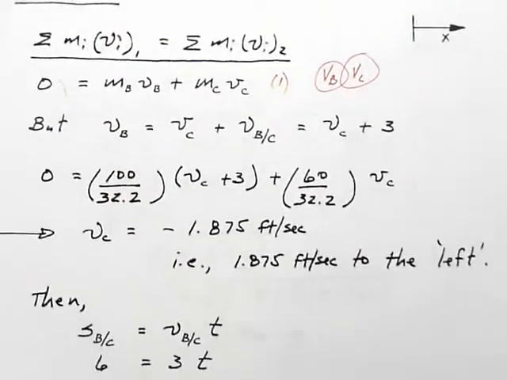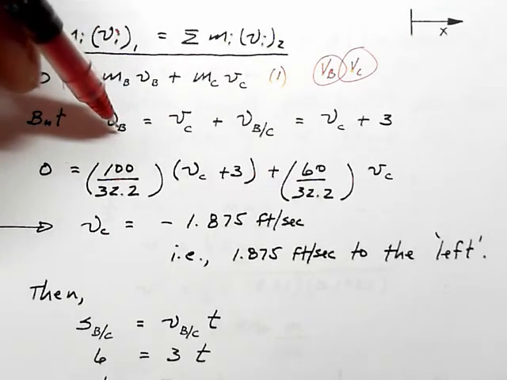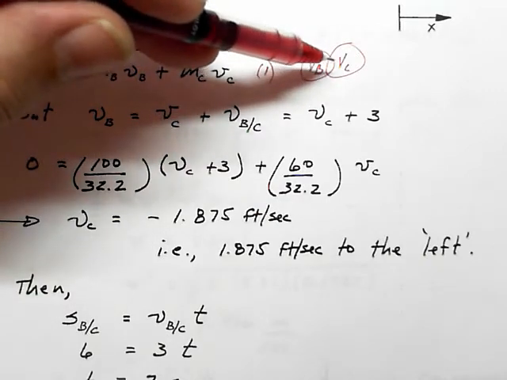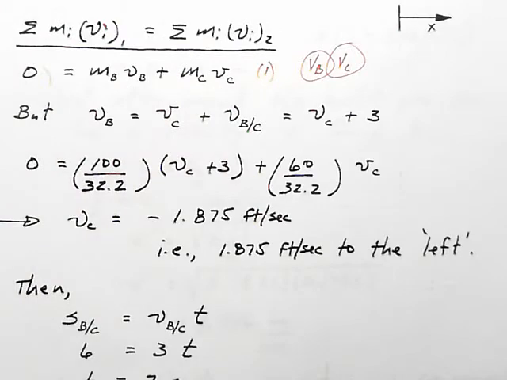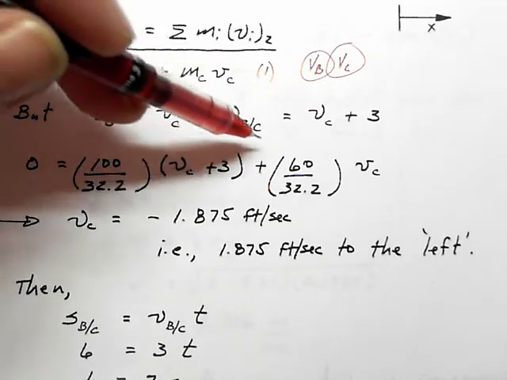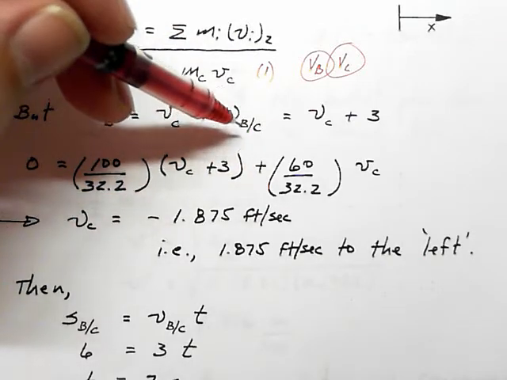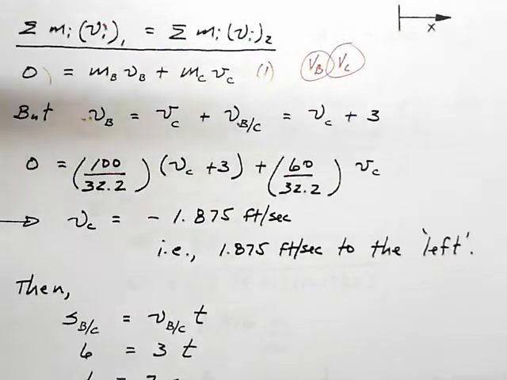So we write a relative velocity equation that says the true velocity of the boy is the true velocity of the cart, that's these two variables, plus the velocity of the boy with respect to the cart. I check my orientation here. C in the numerator cancels C in the denominator, leaving a B in the numerator, which matches a B in the numerator on the other side.